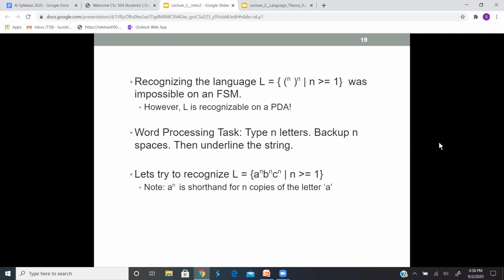Now you're underneath the leftmost A. And then it says C to the N. So this is like a word processing task. The N Cs could mean you now wish to underline each of the symbols. So write down N As, backspace N spaces, and now underline all N of the As. Word processors can do this. You can do it on a typewriter. You don't even need a computer.